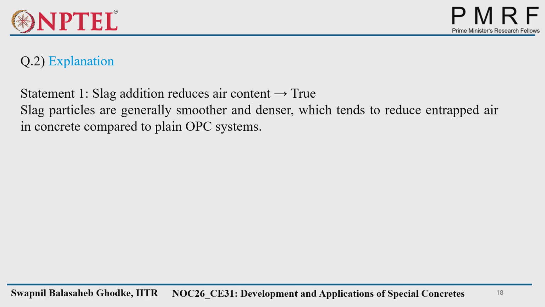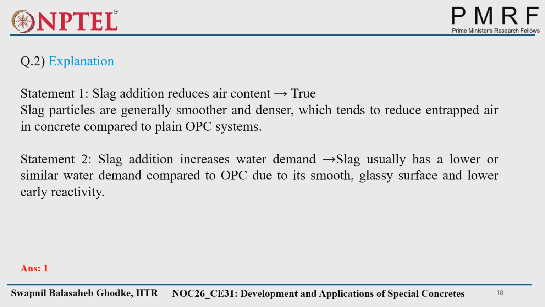Why does slag addition reduce air content? Because slag particles are generally smooth and dense, which increases the packing density and tends to reduce the entrapped air in the concrete matrix. That's why it reduces the air content. And the claim that slag addition increases water demand is wrong.